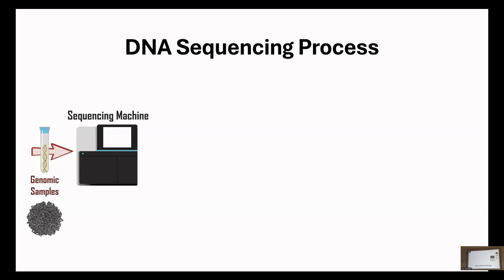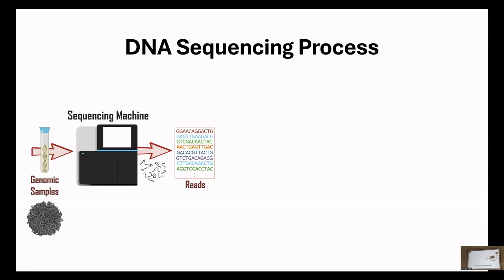What is the sequencing process? First, we have a genomic sample, which we said looks like a helix, but actually it looks like a ball of wool. If we want to sequence it, it's pretty hard. Why? Because we enter it into a sequencing machine, and this machine chops it into small pieces and extracts small strings out of it, which are called reads.